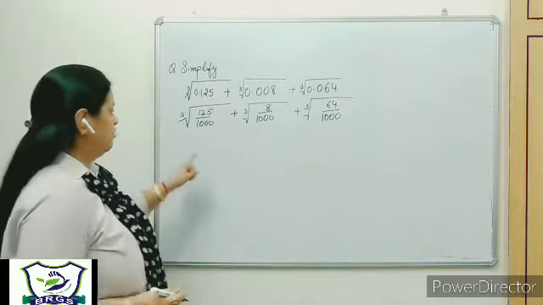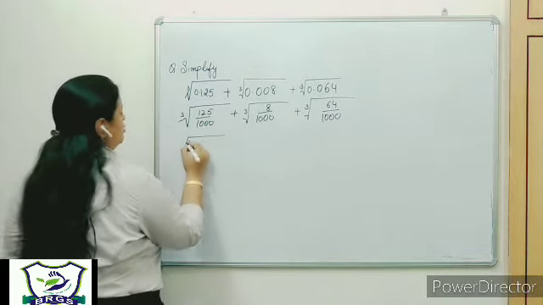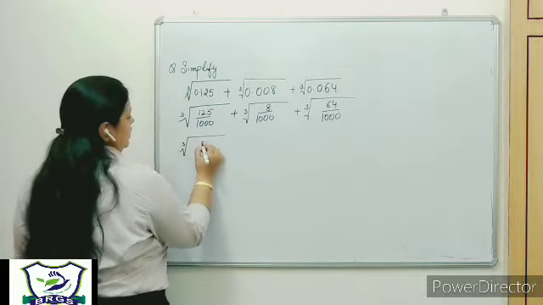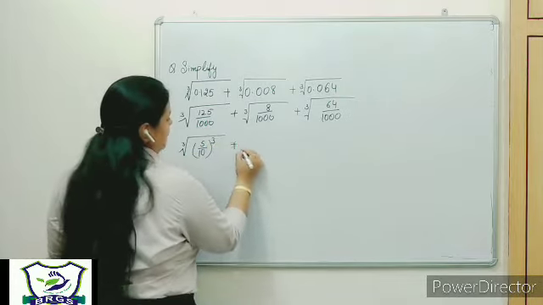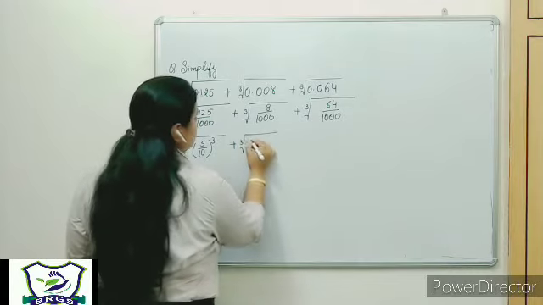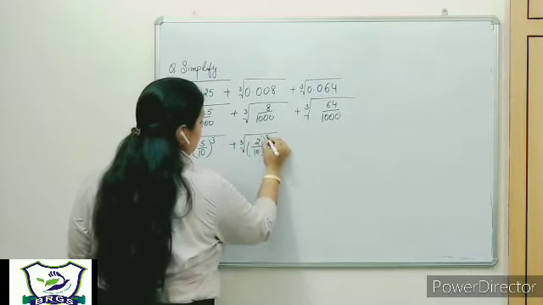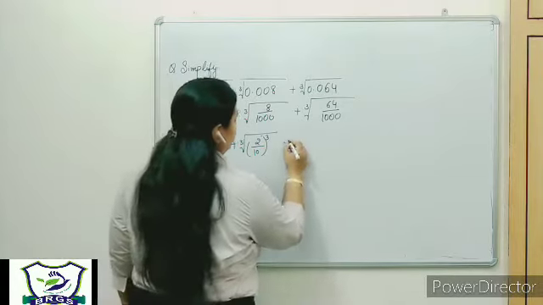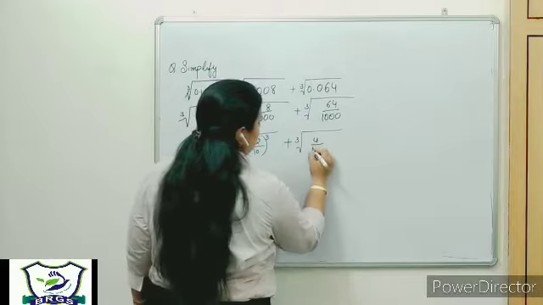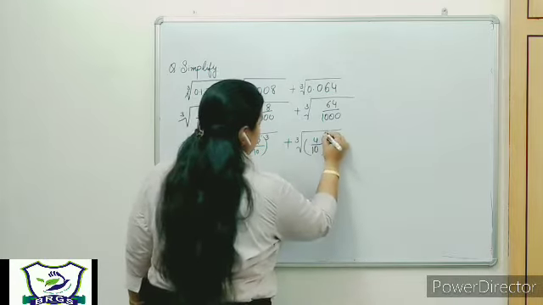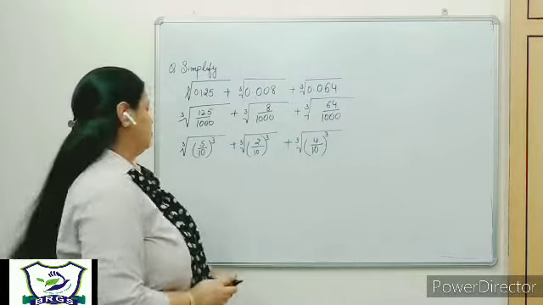Now we know 125 is the cube of 5 and 1000 is the cube of 10, so we can write (5 by 10) cubed, plus 8 is the cube of 2 and 1000 is again the cube of 10. Next, third term: 64 is the cube of 4, again 1000 is the cube of 10. All these numbers are perfect cubes.